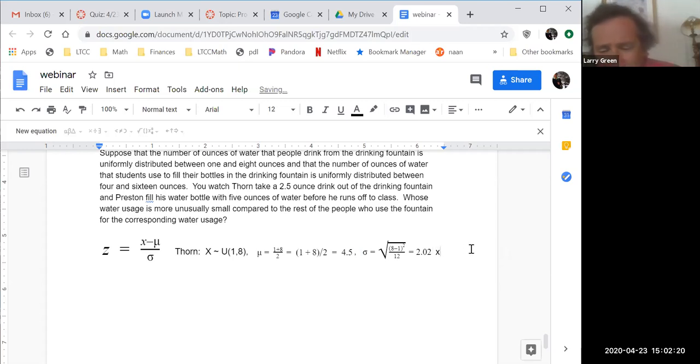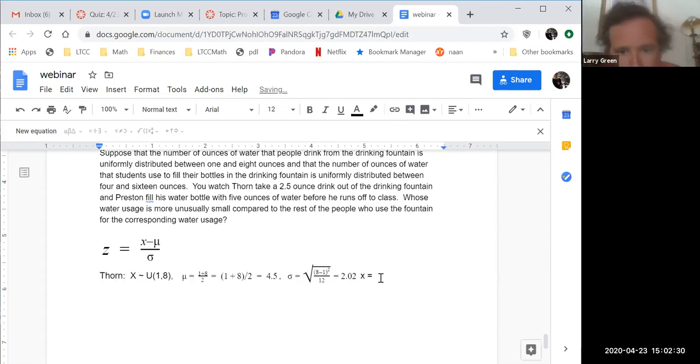By the way, what is x? X is the easiest of all because it's just given. What's x? You have to read the paragraph.